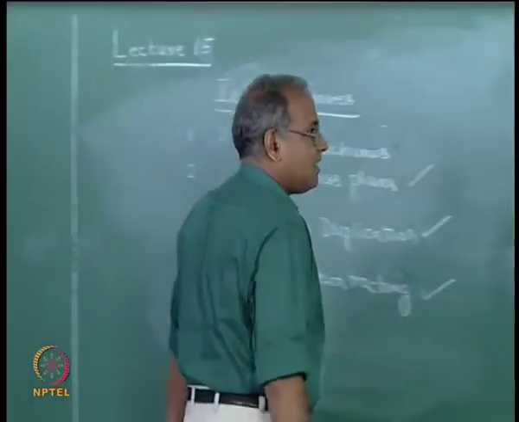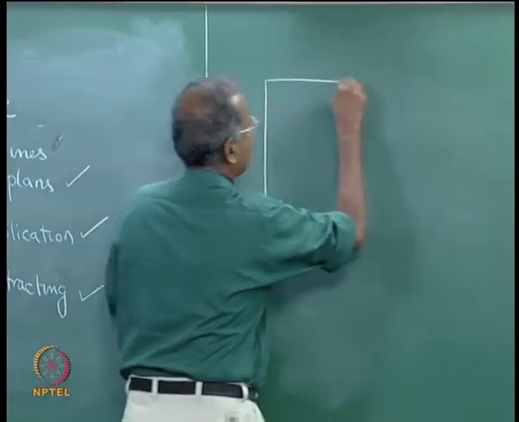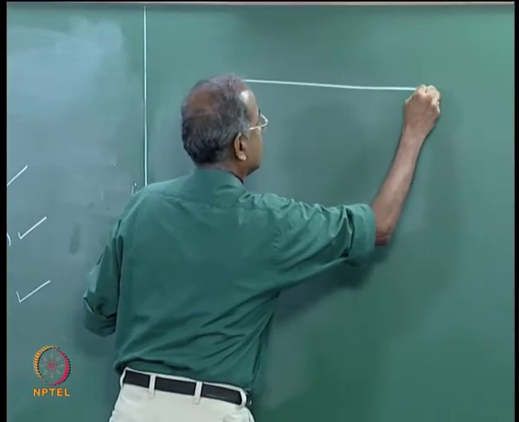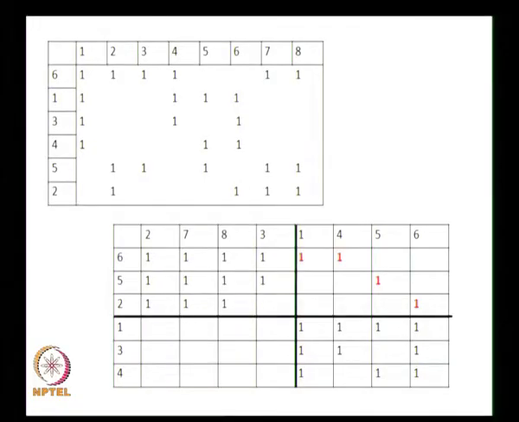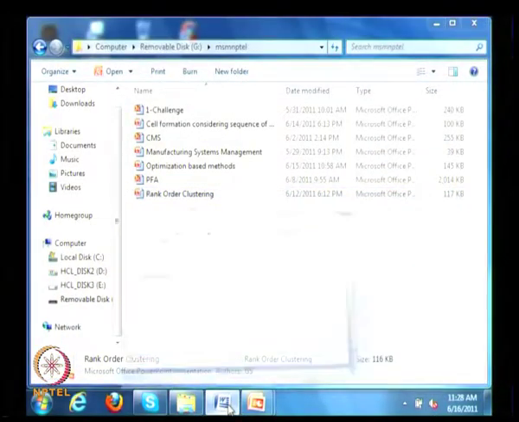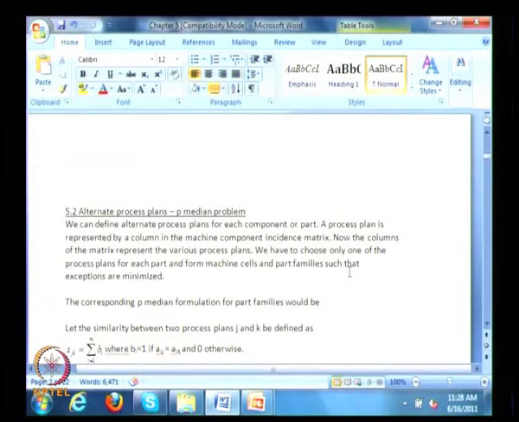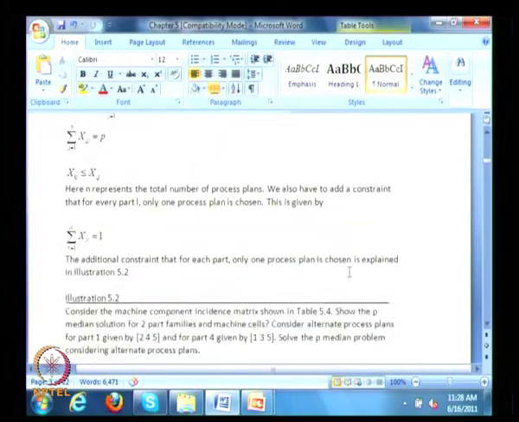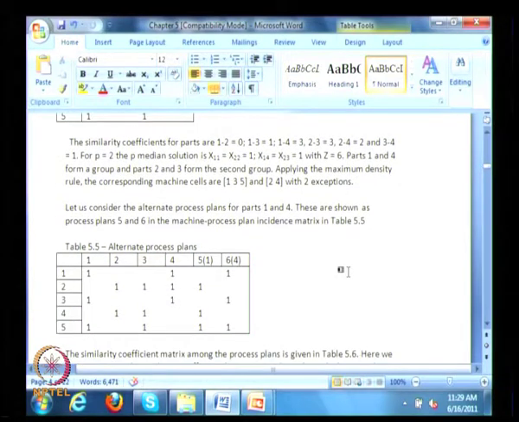So, now if we have a machine component incidence matrix, let us look at this machine component incidence matrix which is shown here.